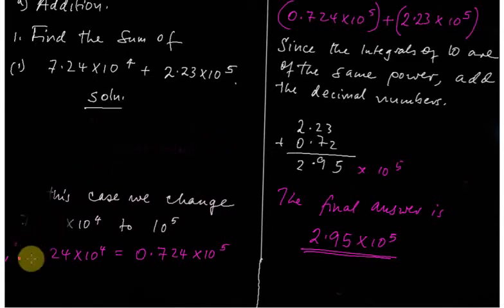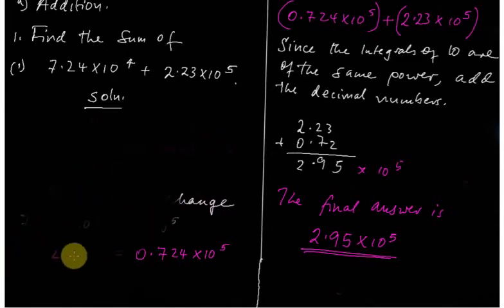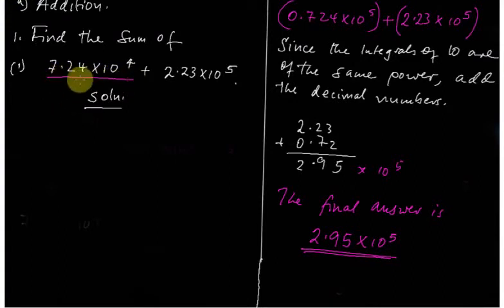The alternative is changing everything into decimal. Going forward 4 places, 7.24 times 10 to the 4 is 72,400. So we go 1, 2, 3, 4. Plus, going 5 places here, we have 223 followed by 3 zeros.